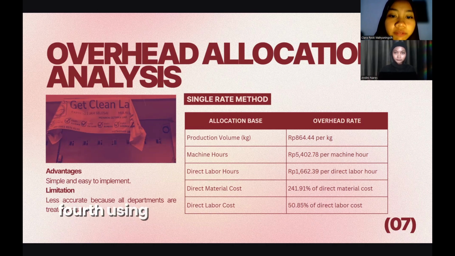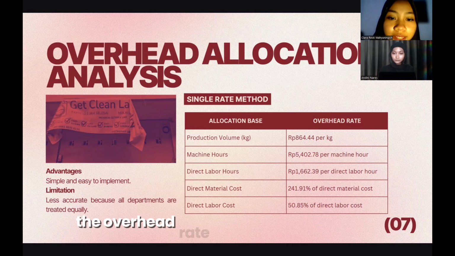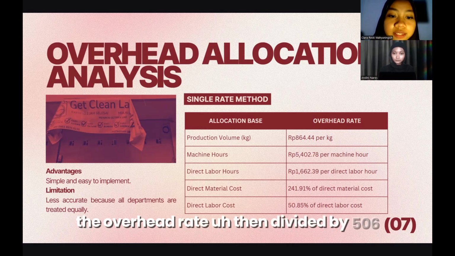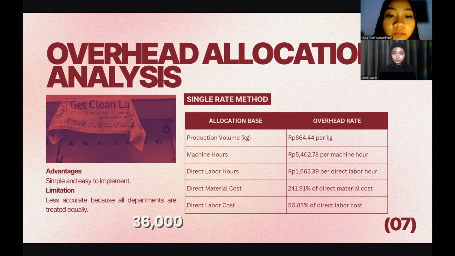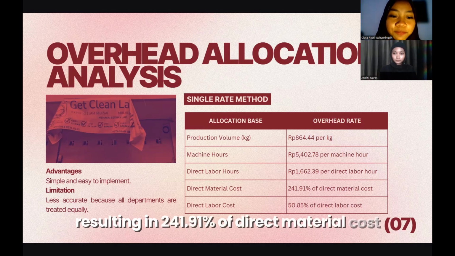Fourth, using direct material cost as the allocation base. The overhead rate is divided by 536,000 multiplied by 100%, resulting in 241.91% of direct material costs.